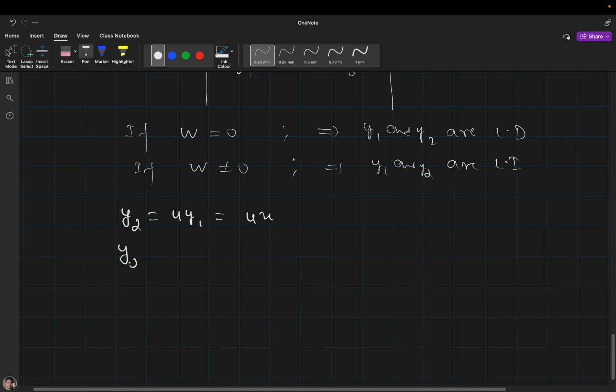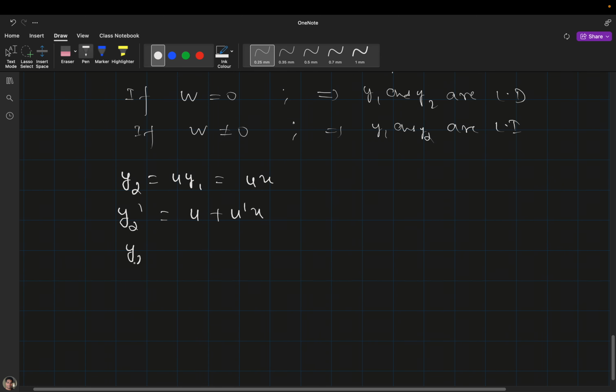Then what is the first derivative? First derivative of y2 is u plus u dash x. And what is the second derivative? Second derivative will be u double dash x plus u single dash plus u single dash, that is nothing but u double dash x plus 2 u single dash.